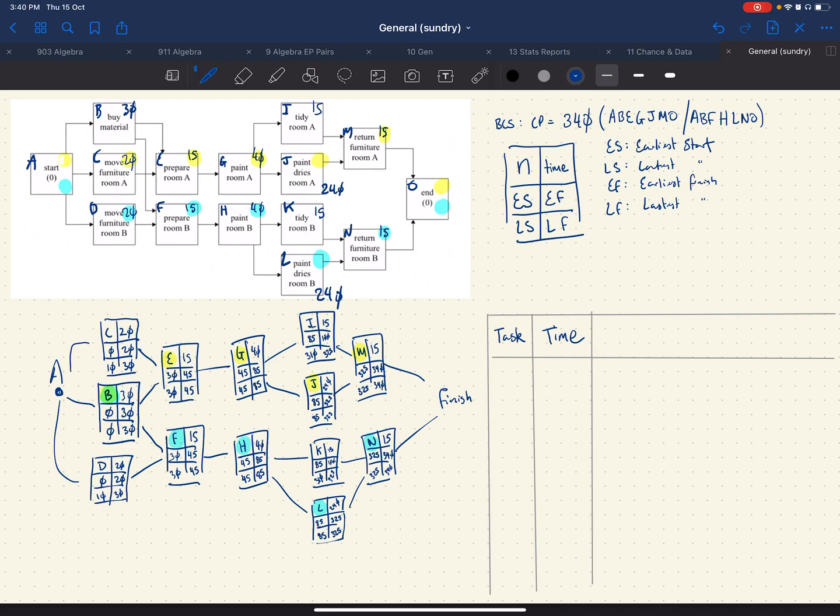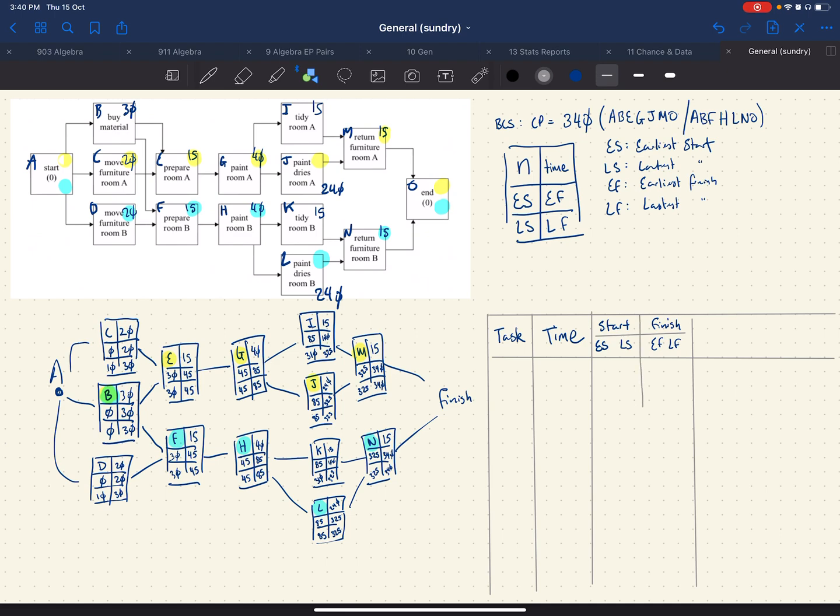We've got our start time. We've got our finish time. And we're going to have earliest start and latest start. Earliest finish, latest finish. Let's make this nicer.